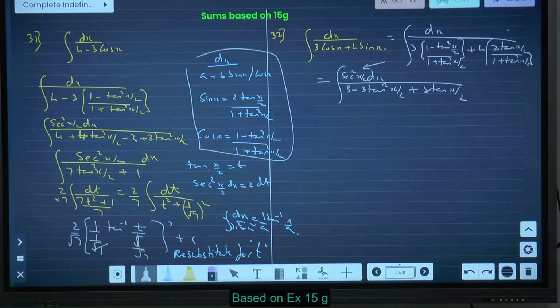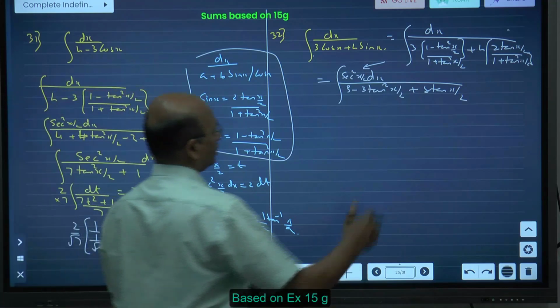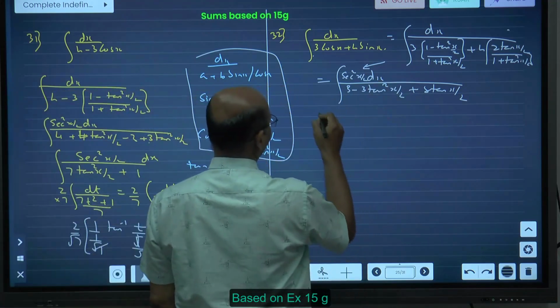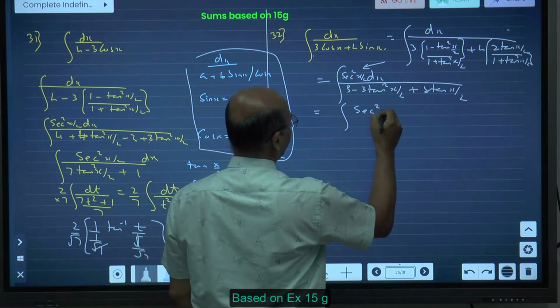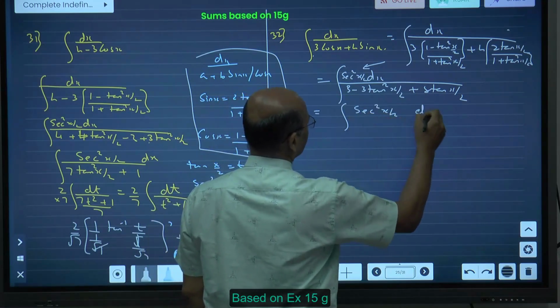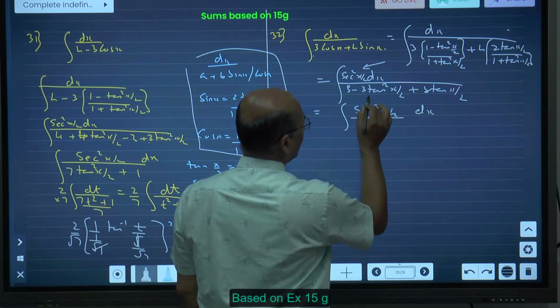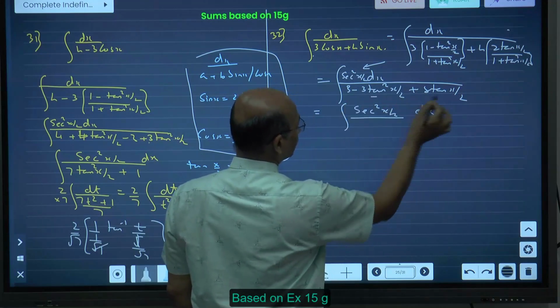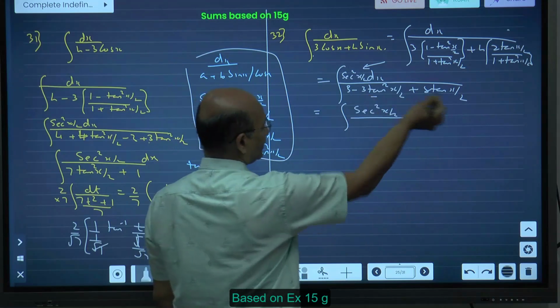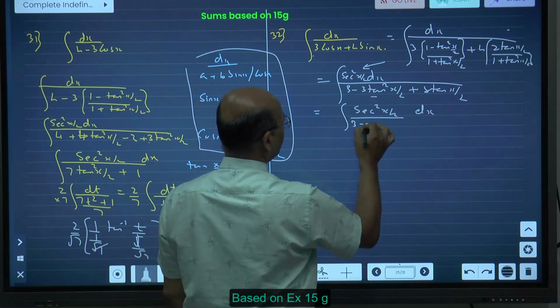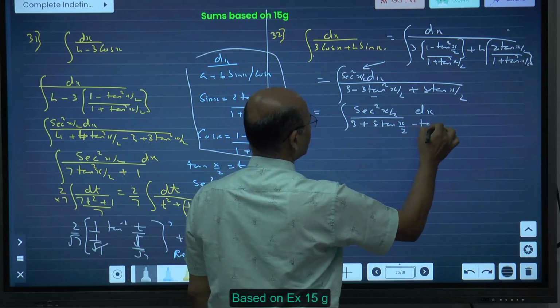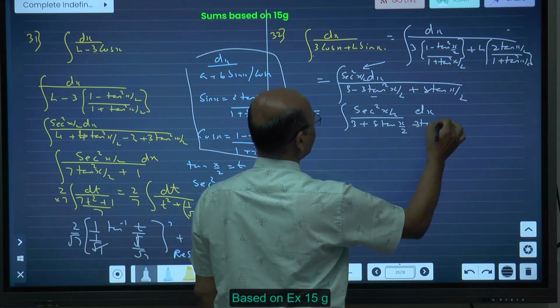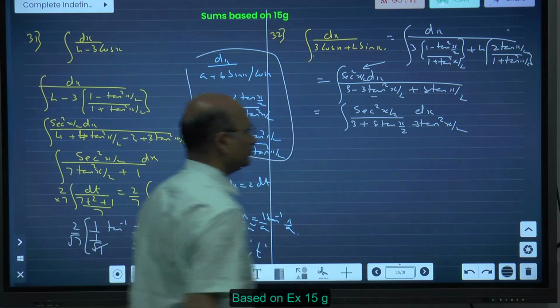Okay, so once we finish with this, let us see what happens. This will be sec square x by 2 dx upon, now this is a quadratic form with the minus sign, so you can say 3 plus 8 tan x by 2 minus 3 tan square x by 2.